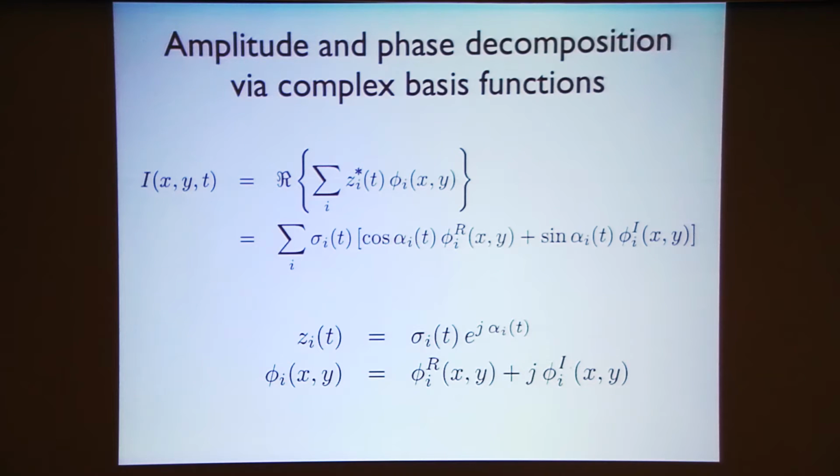The reason to invoke this complex representation is not necessarily to model what complex cells are doing. It's a mathematical representation, and the point is really to get a factorization of these coefficients into amplitude and phase, to try to capture this bubble-like behavior that Aapo Hyvärinen observed.